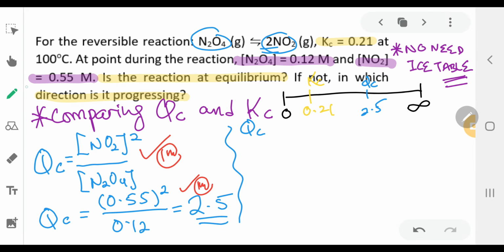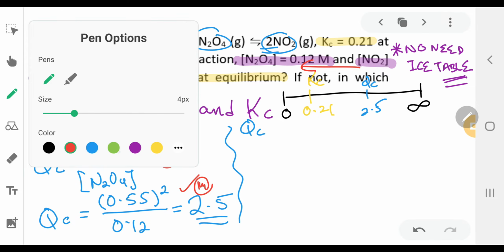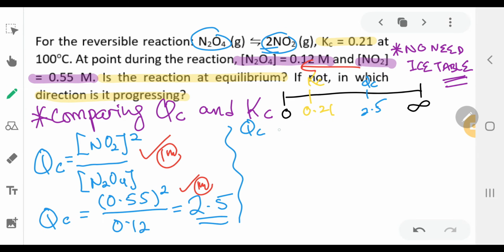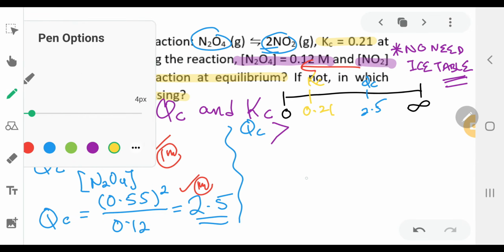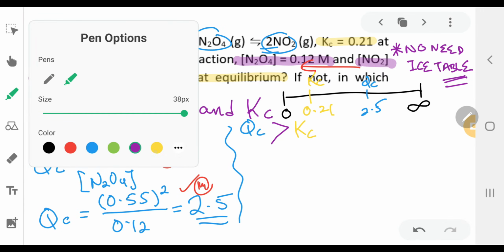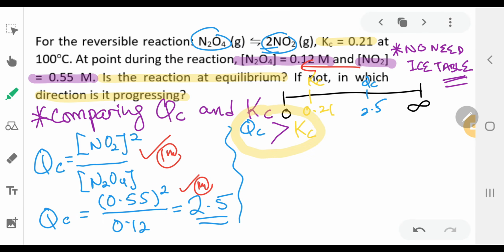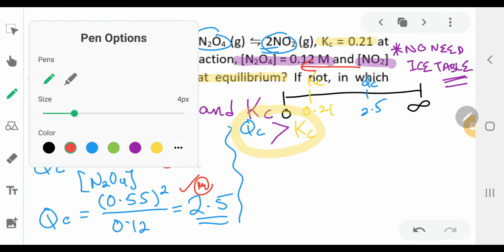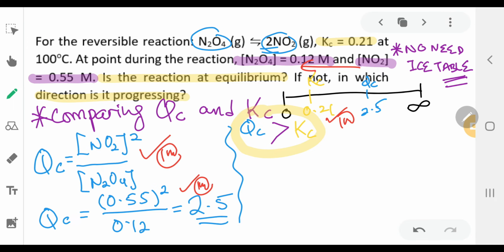So where do you think it will shift? It will surely shift to the left to get the value of the equilibrium constant expression. So QC is indeed bigger than KC. By writing this, you get another 1 mark.